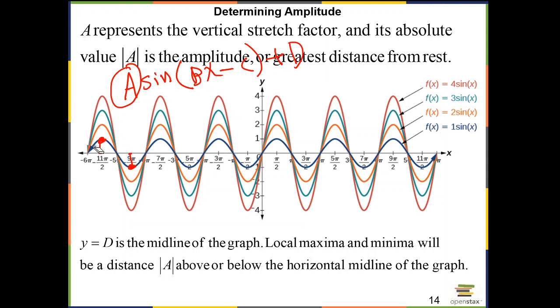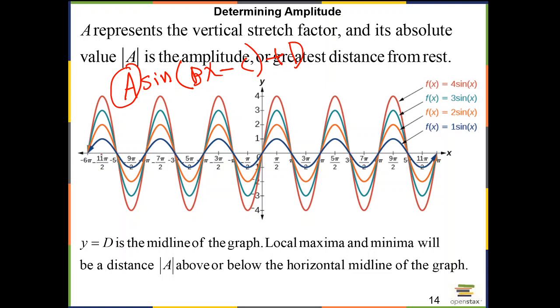That distance is amplitude, and that is given by the absolute value of this number. Remember, this number could be negative, and if it's negative, then the graph is flipped over the x-axis. But the absolute value of it is always the distance from the midline to the top of the hill or from the midline to the bottom of the valley, right? That's the amplitude.